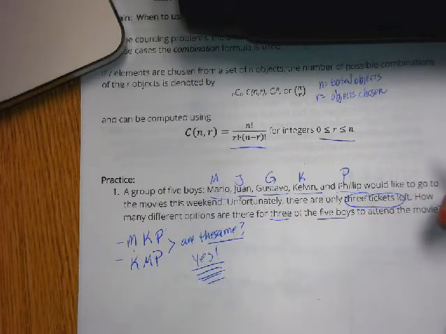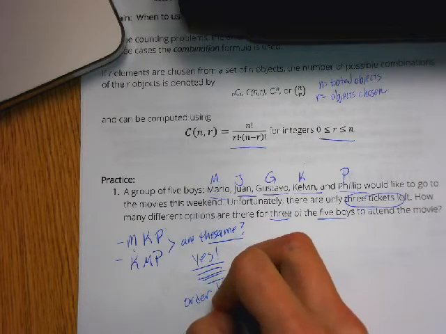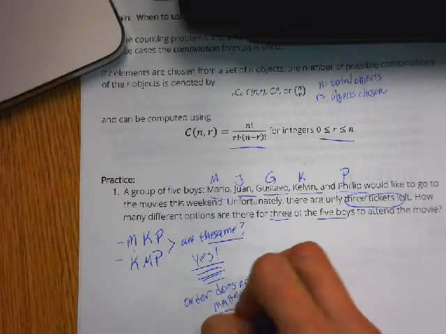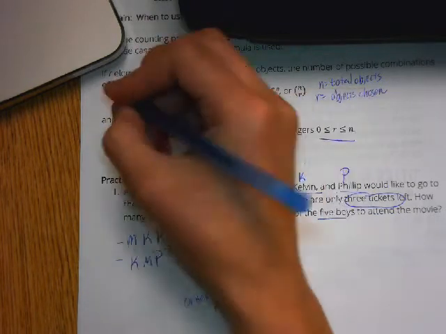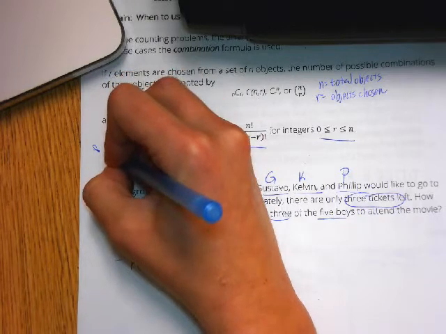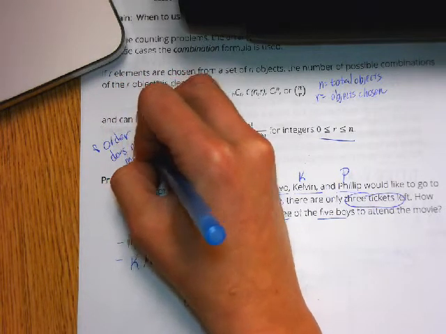They're exactly the same. It doesn't matter the order in which I write these letters, the same 3 people are going to the theater. Order does not matter. I'm going to write that again up here. This is a really important key point.